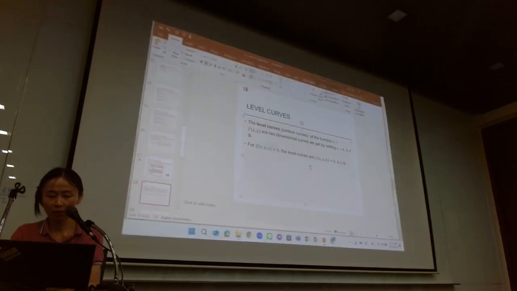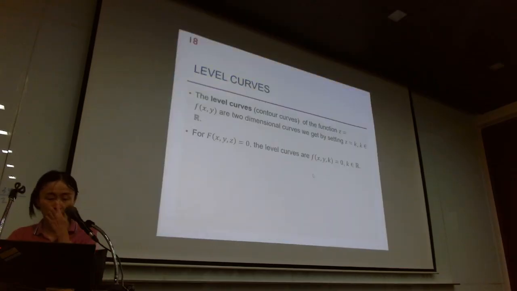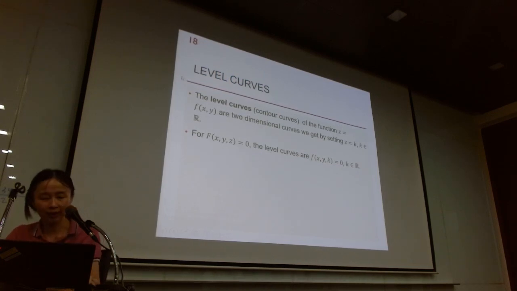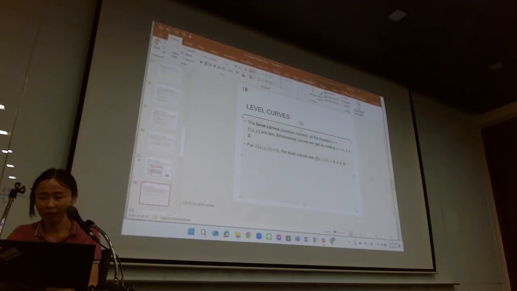This one should be big F. If I show explicit, then the level curves, I forgot, you should change to be bigger F as well.